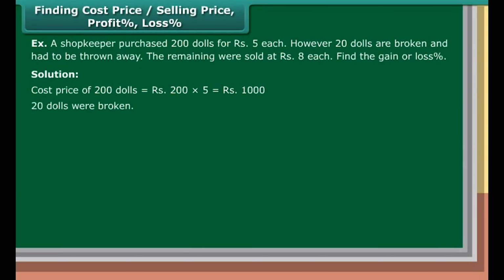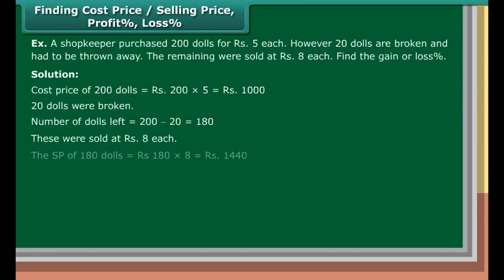20 dolls were broken. Number of dolls left is equal to 200 minus 20, which is 180. These were sold at rupees 8 each. The SP of 180 dolls is equal to rupees 180 into 8, which equals rupees 1440. He made a profit as SP is greater than CP.